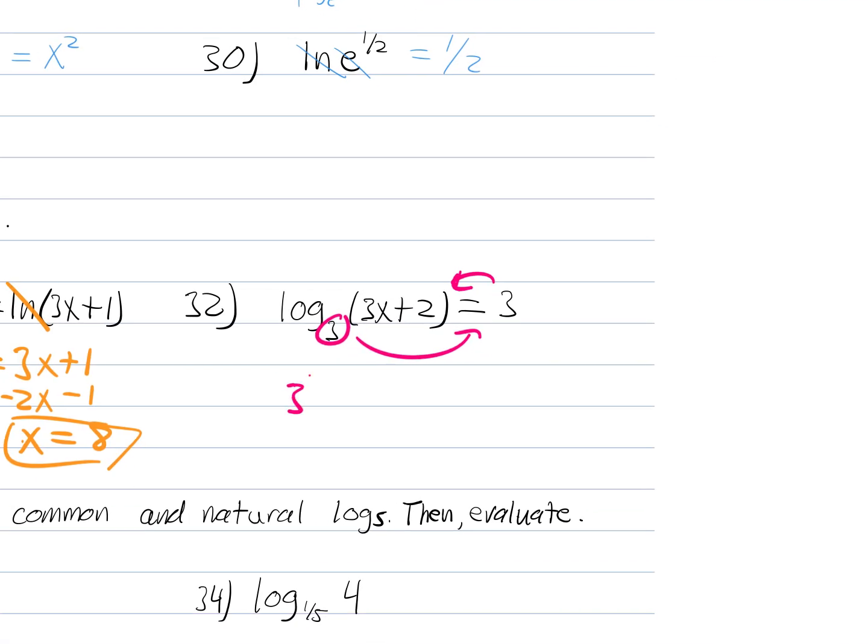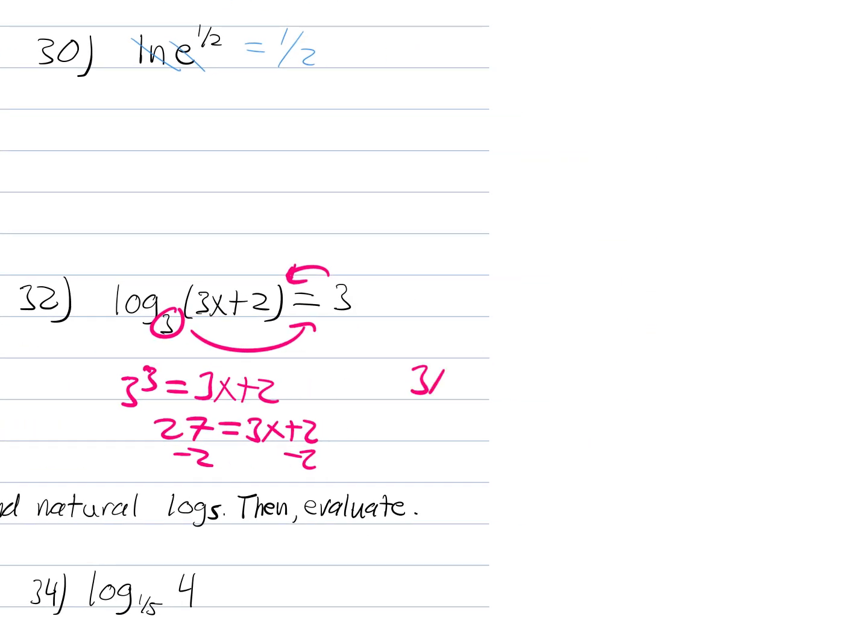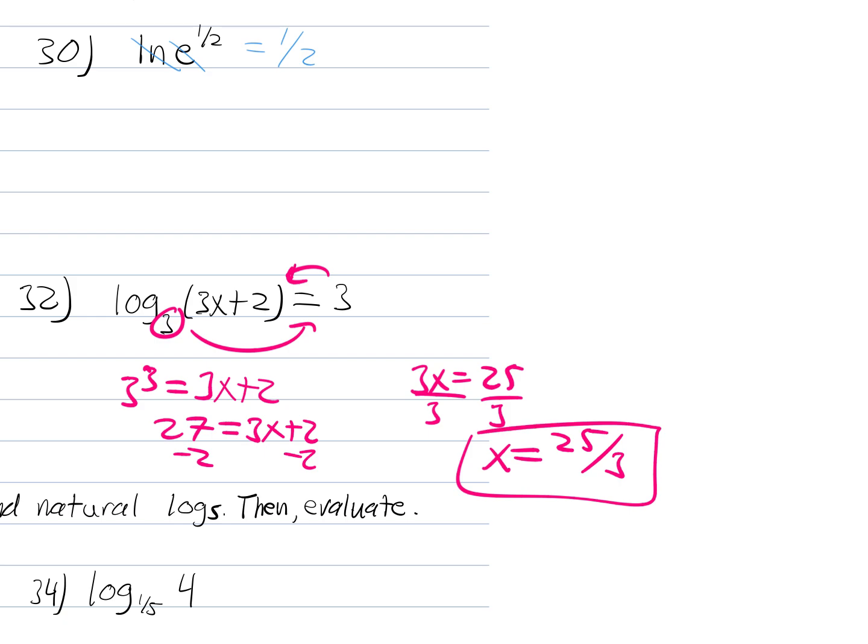So I get 3 to the third equals 3x plus 2, and then you get 27 equals 3x plus 2. You can subtract 2 on both sides. And then you get 3x is 25, so you can divide both sides by 3, and you get x equals 25 over 3.